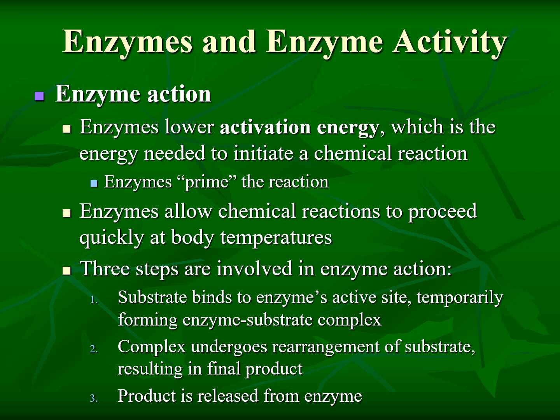Whenever you have two things bind together, there is just about always a shape change that is going to occur. In this process of the enzyme binding to the substrate, you have a shape change, and then your product is going to be released. When the product is released, the enzyme converts back to its original shape so it can be reused again.